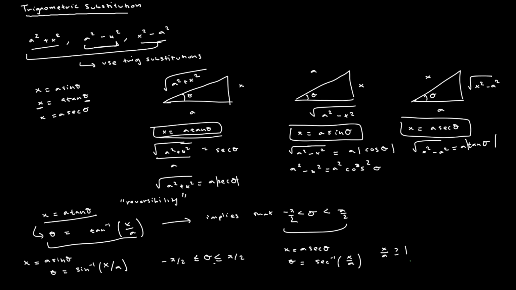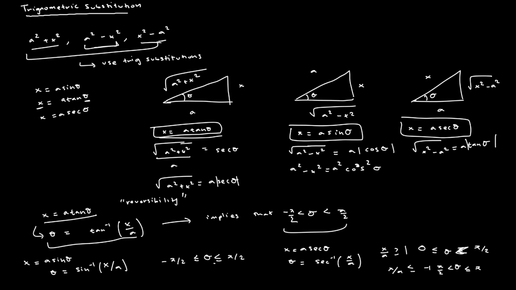If x over a is greater than or equal to 1, then theta is greater than or equal to 0 and less than pi over 2. And if x over a is less than or equal to negative 1, then theta is greater than pi over 2 and less than or equal to pi. So these are the reversibility properties, and they'll come in handy later.